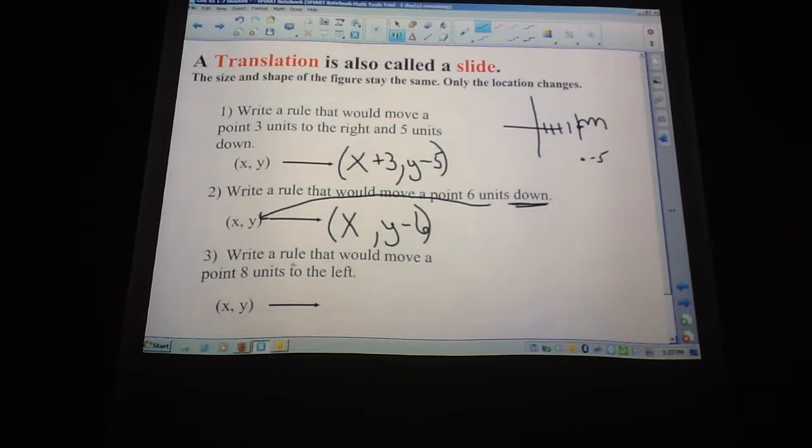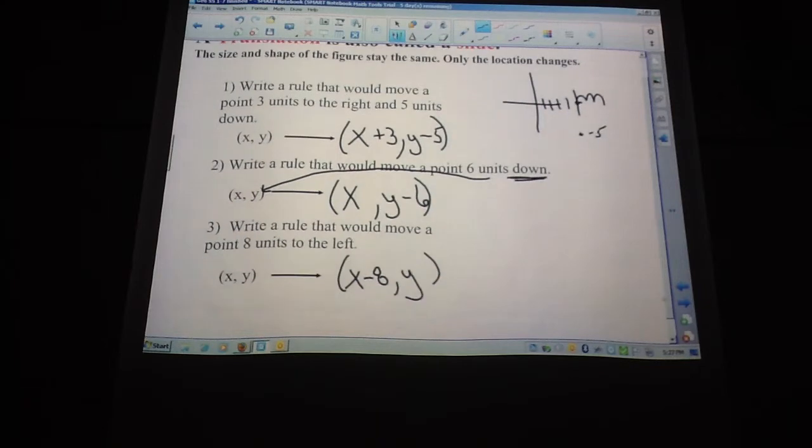Now this one, I'm not moving it up or down, I'm just moving it to the left 8. So the x is going to change, and to move it to the left, you need to subtract the 8. And the y does not change whatsoever.